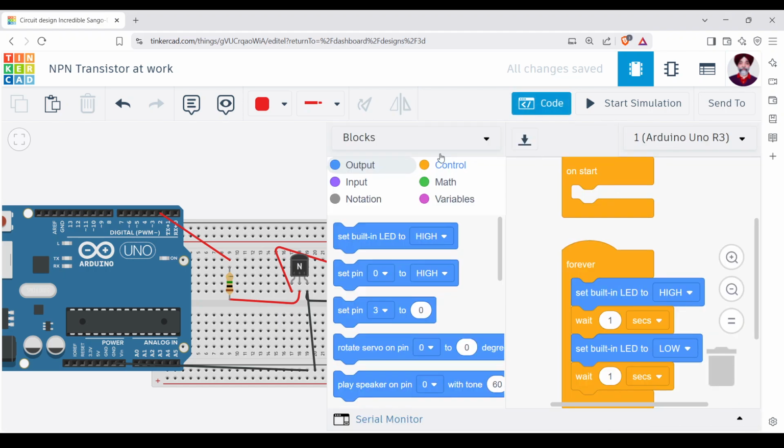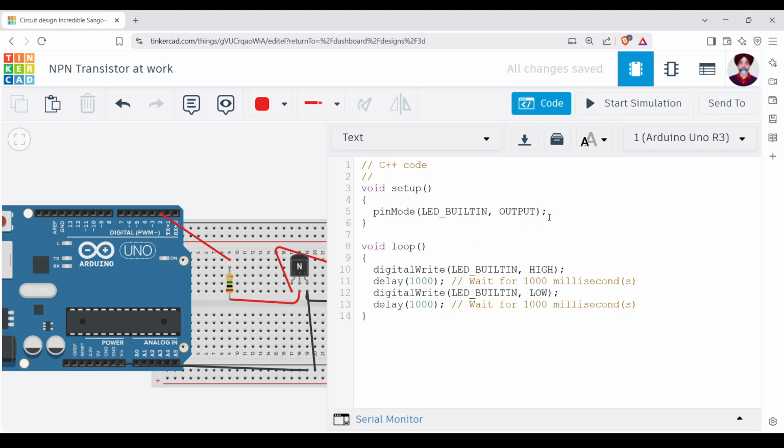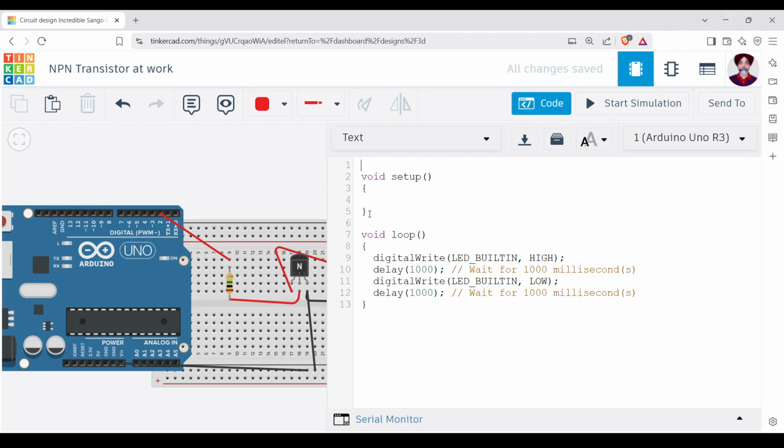Let's start the coding. In the coding part, let me have int base pin, which is equal to 2, and let me configure pin mode base pin as output pin.